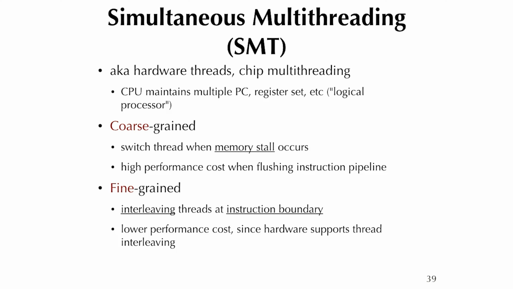Now, fine-grained, on the other hand, actually is interleaving threads at instruction boundary. Okay, and so this is much trickier to design a processor this way. Now, on the other hand, coarse-grained is a little easier in the sense that you know when the pipeline bubble is going to occur, right?